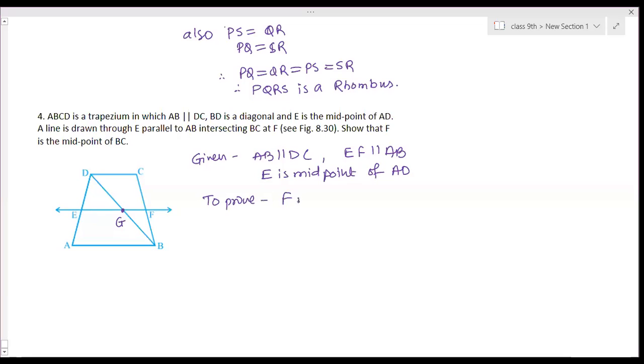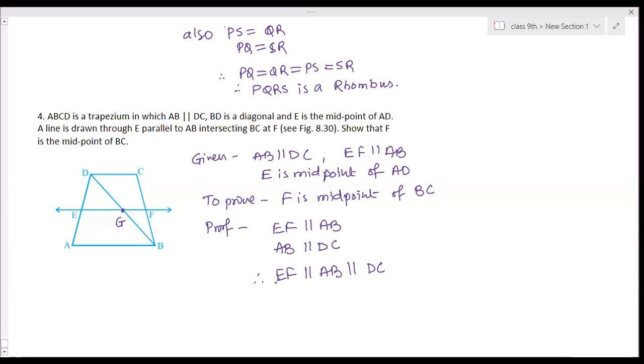To prove F is midpoint of BC. Proof: EF is parallel to AB and AB is parallel to DC. So therefore EF is parallel to AB, parallel to DC. All three are parallel to each other.